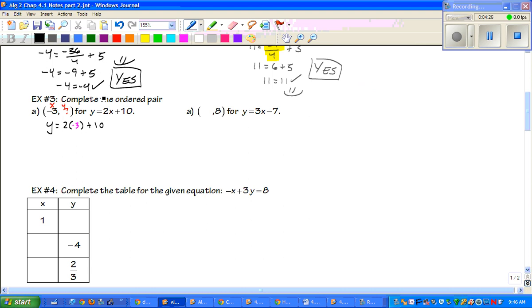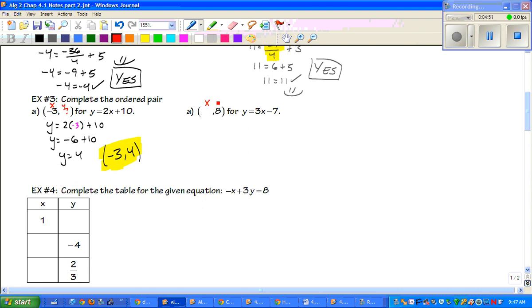Okay? So let's go ahead and solve. Y, 2 times -3, well that's -6 plus 10. -6 plus 10 is 4. So completing the ordered pair, our answer would be -3, 4. It would be all of this. Okay?